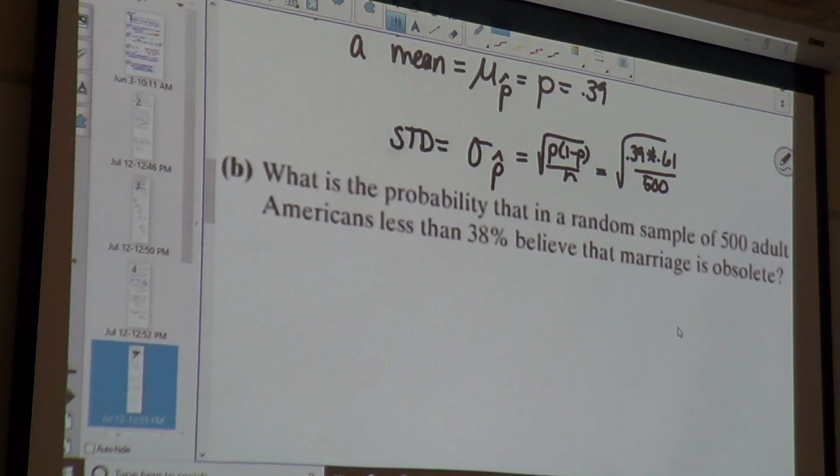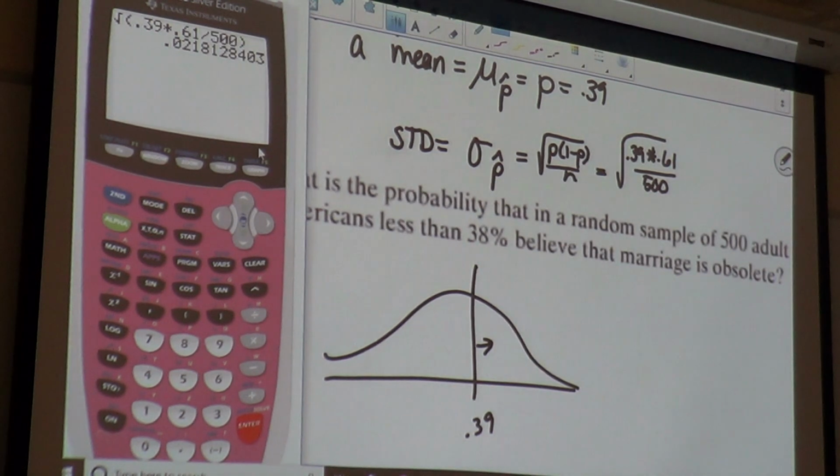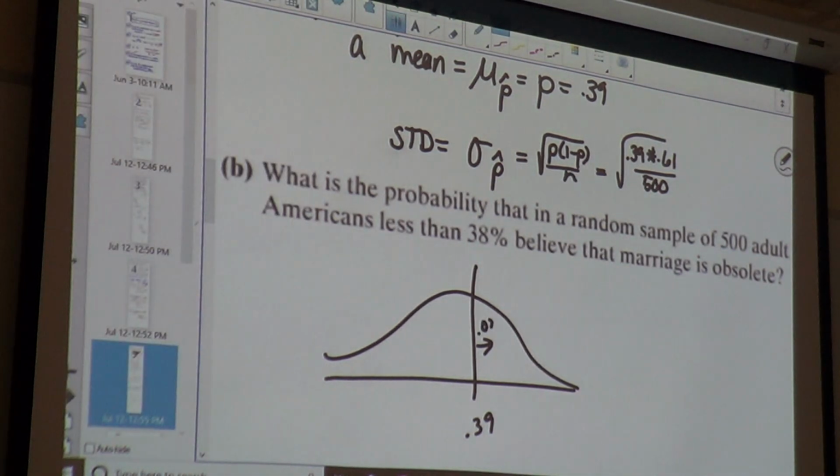What is the probability that in a random sample of 500 adult Americans, less than 38% believe that marriage is obsolete? We just figured out that we have a mean of 0.39 and a standard deviation of 0.0218. And we want to do less than 38%.